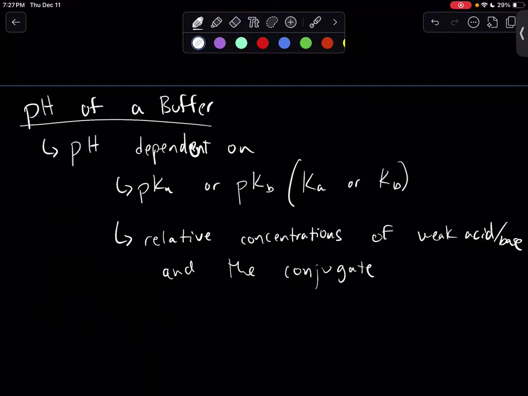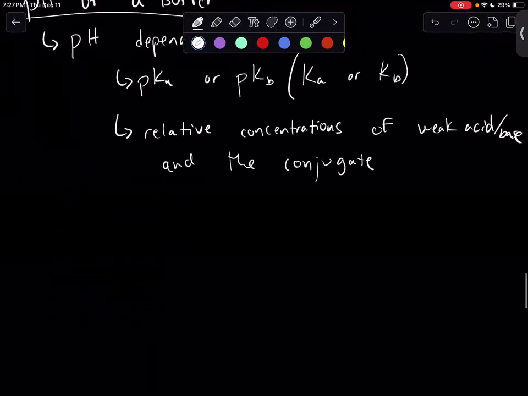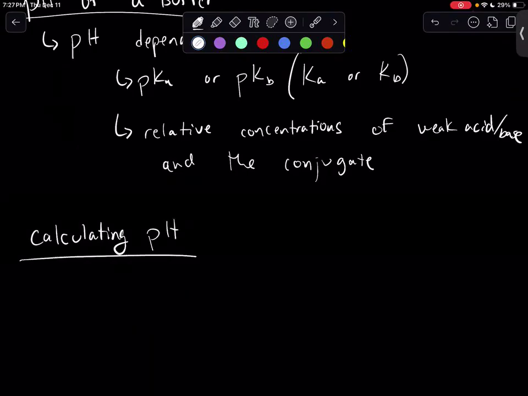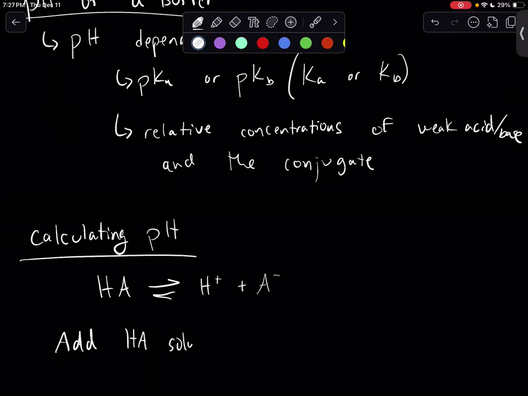So what does that mean? How do we find the pH of a buffer using these values? Well, one of the best ways to do it is to just do an example, but before we do that, to calculate it, we want to make sure that we are accounting for the change in our concentration. So this is our standard reaction, but when we add HA solution to A minus solution, we have a new volume.